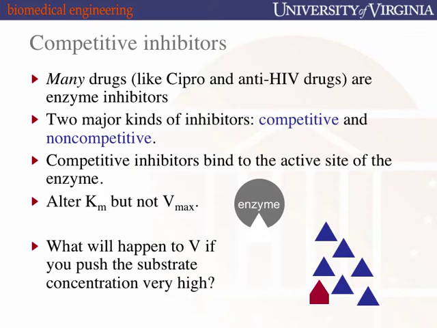It's still headed to the same Vmax, but now when we look at the half Vmax, I've increased the Km, right? So we'll call that Km prime versus Km. So I've increased the concentration required to get to that half Vmax.